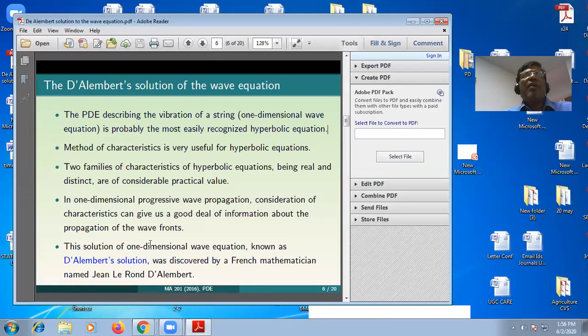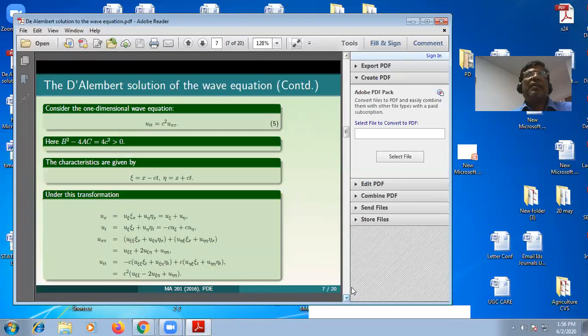The solution of the one-dimensional wave equation known as D'Alembert solution was discovered by a French mathematician named Jean Le Rond D'Alembert. Now let us consider the one-dimensional wave equation as we have discussed in the previous slide. u_tt is equal to c square u_xx, where b square minus 4ac is equal to 4c square, greater than 0.